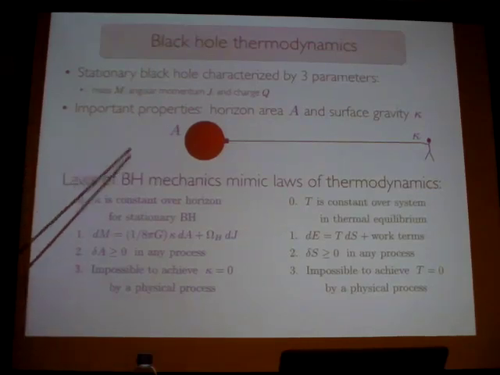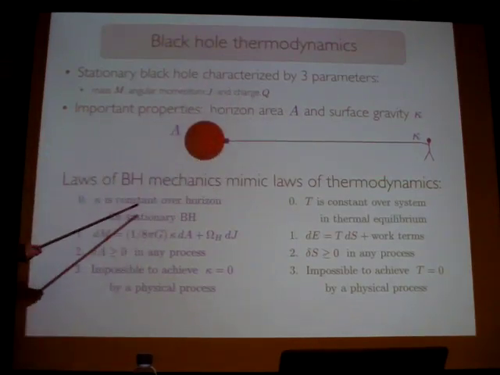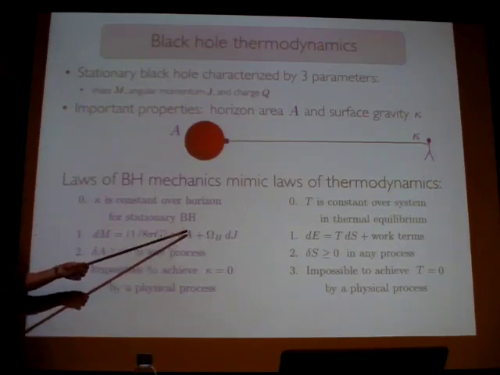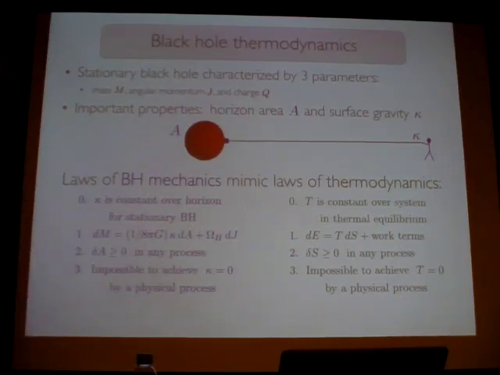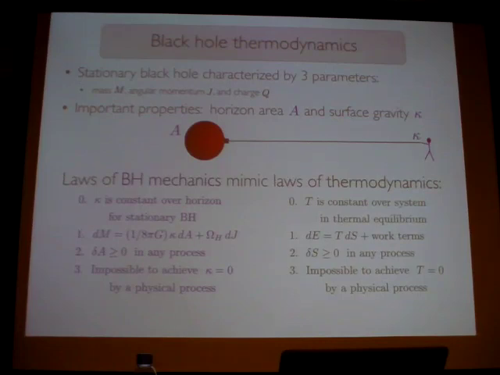The surface gravity is constant over the entire horizon of a stationary black hole. If you throw something into a black hole, the mass of the black hole grows in proportion to the horizon area, plus other work terms. And the area can never decrease, nor can you achieve zero surface gravity in any physical process.